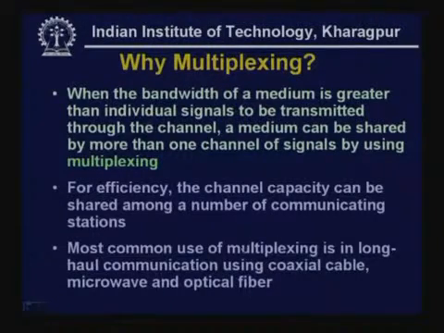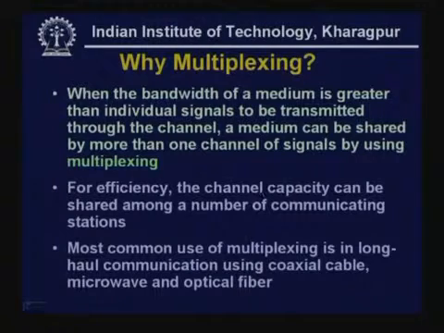How we shall explain. When the bandwidth of a medium is greater than that of the individual signals to be transmitted through a channel, a medium can be shared by more than one channel or signal by using multiplexing. Essentially, we are trying to share the channel capacity or bandwidth of a particular medium by several signals, by several users, and for efficiency, the channel capacity can be shared among a number of communicating stations.